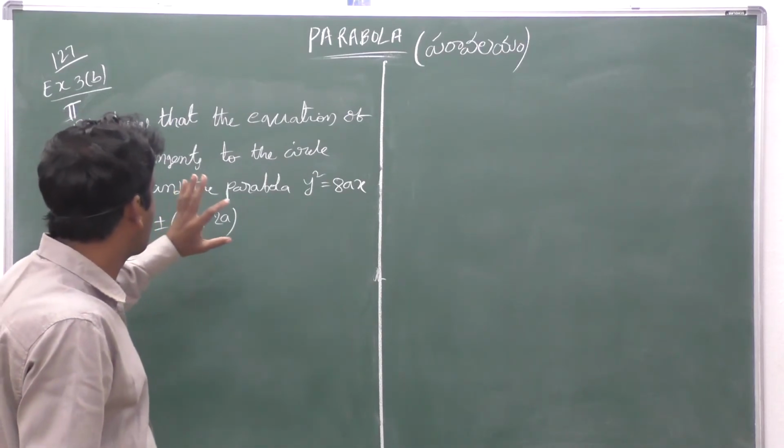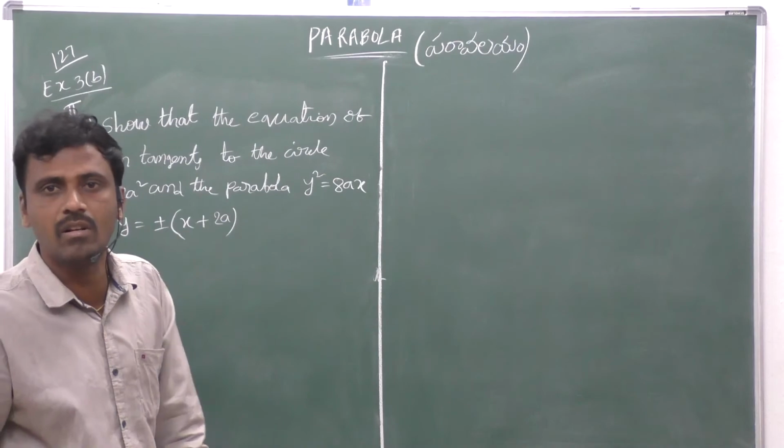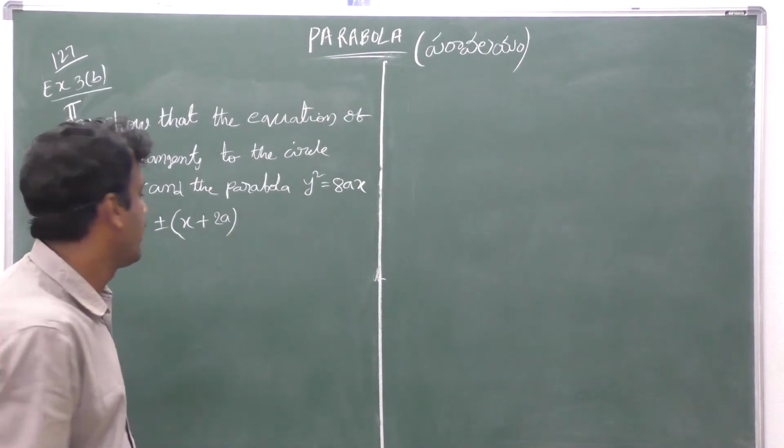Equation of common tangents to the circle and parabola is y equal to plus or minus x plus 2a.